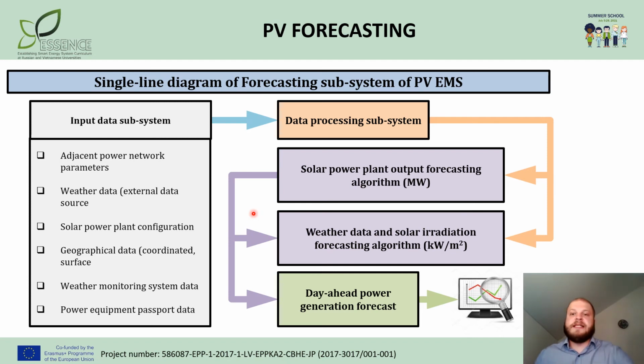Next, we have the data preprocessing subsystem, which gives us the opportunity to make data transformations. For example, for weather data we may have categorical features like weather type: sunny, cloudy, partly cloudy, whatever. So we are expected to introduce some categories to this data. We may convert geographical data, not just the picture but maybe the coordinates.